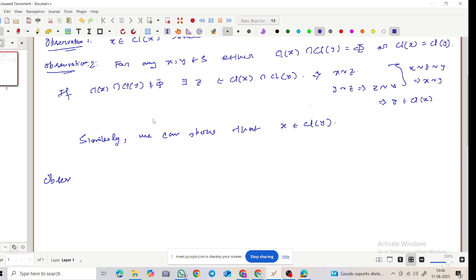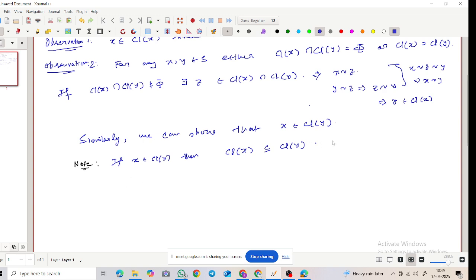Not exactly an observation, let's make a note within this observation. If x belongs to class y, then class x is a subset of class y.